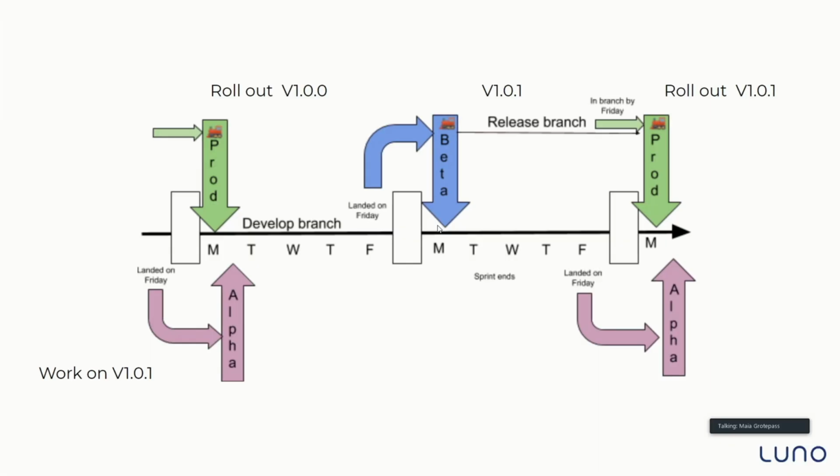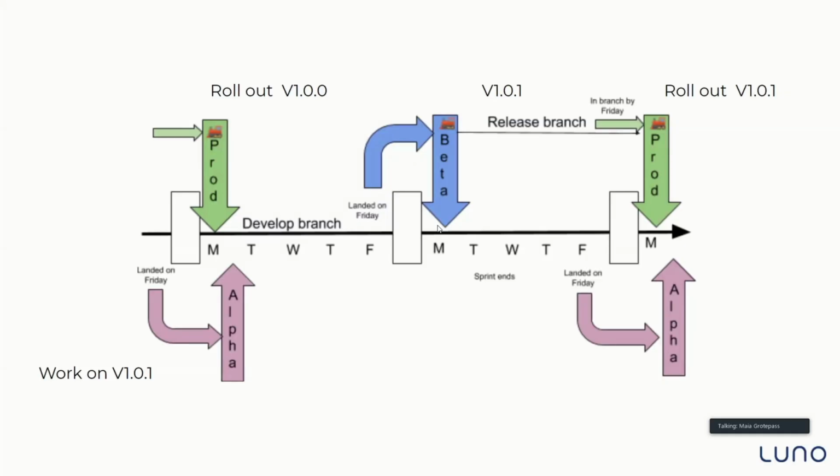If we start at the bottom left, you see we are working on, say, version 1.0.1. When version 1.0.1 goes to alpha, just about at the same time, we're rolling out version 1.0.0, which is going out to production. So we're monitoring what's happening in production, but we're still working on our develop branch.